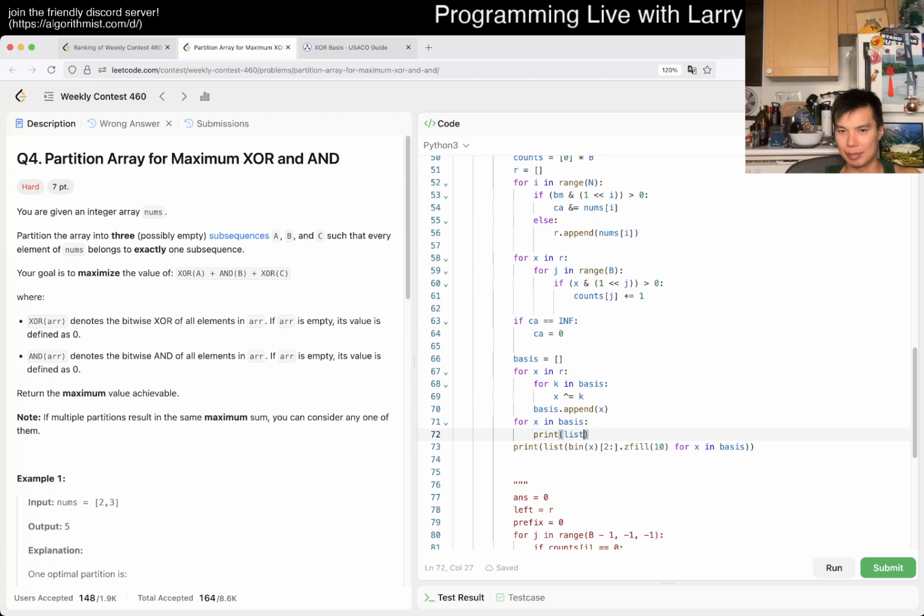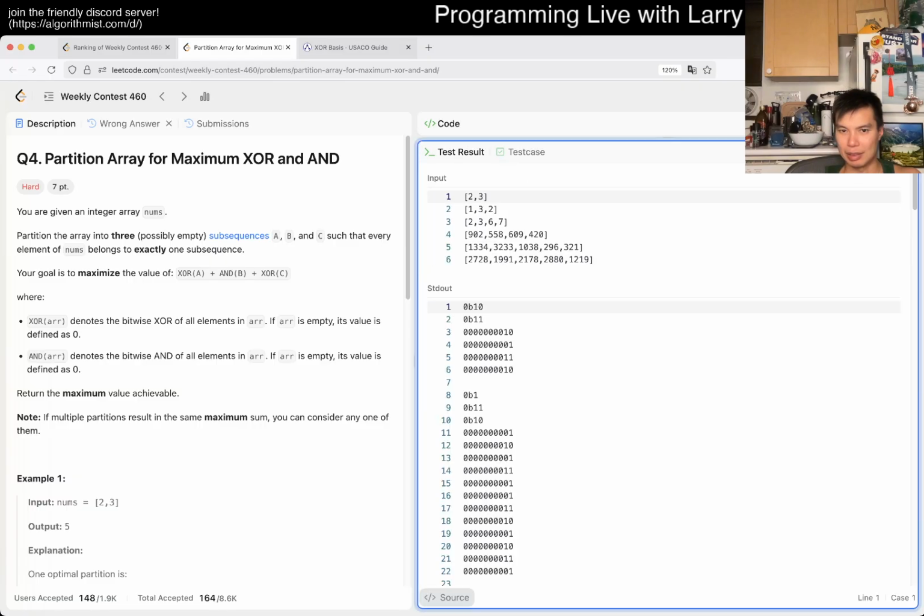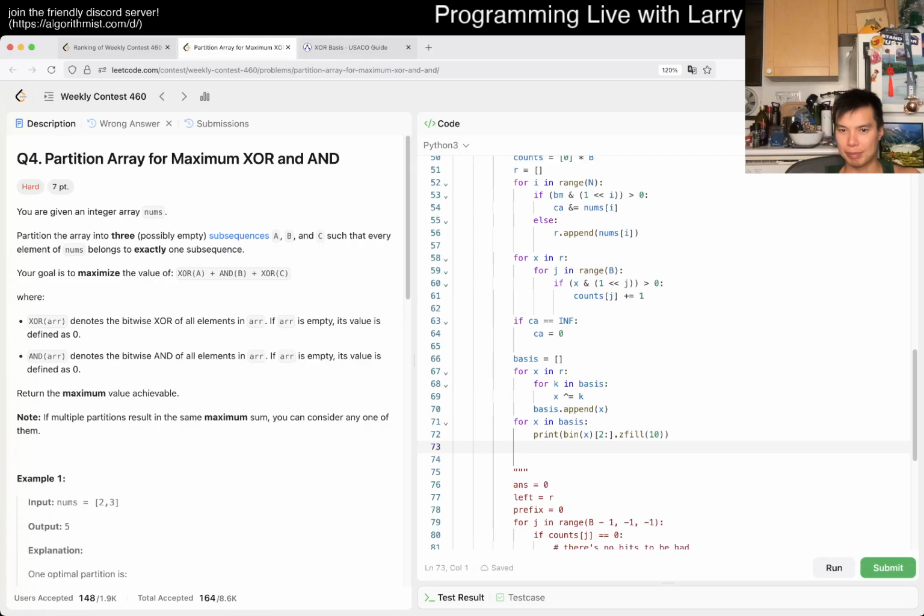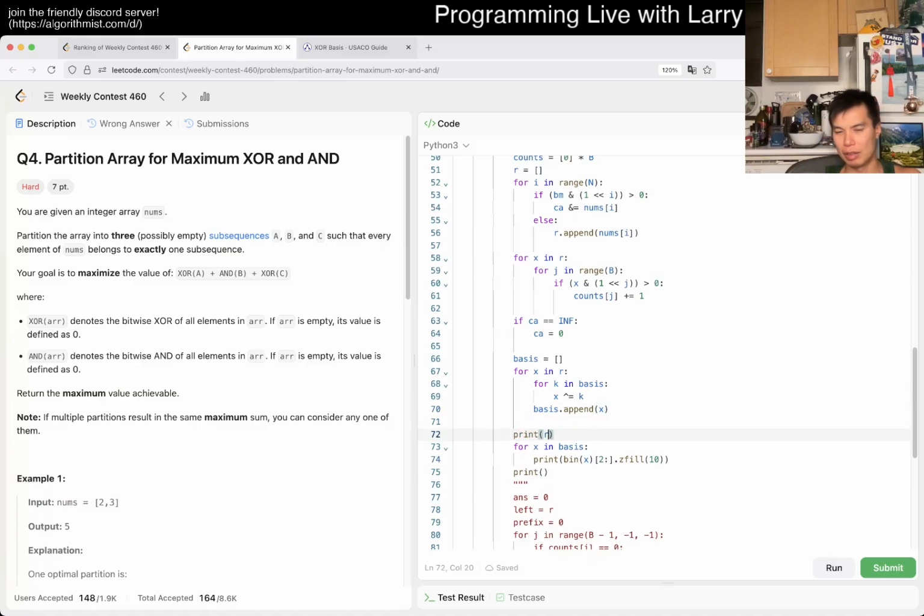So something like this. But now I need spaces to differentiate, I think. Okay, and now this is on R. All right.